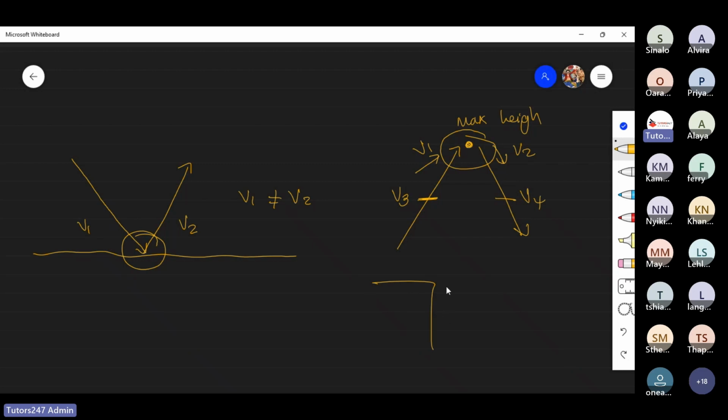If an object is projected upwards like this, and then hits the ground, let's call this V1, V2, V3. So V1 is the same as V3. Why? Because it's at the same level, at the same height. Velocities at equal heights will be the same because there's no collision that took place.